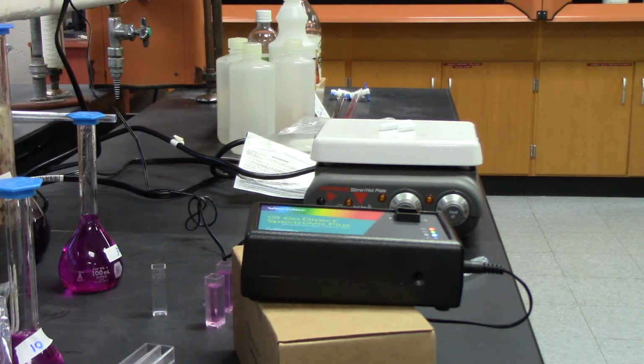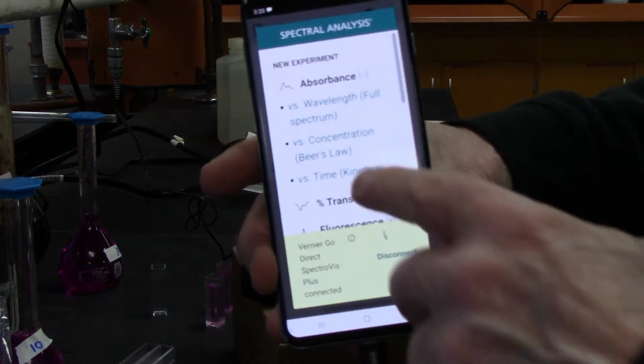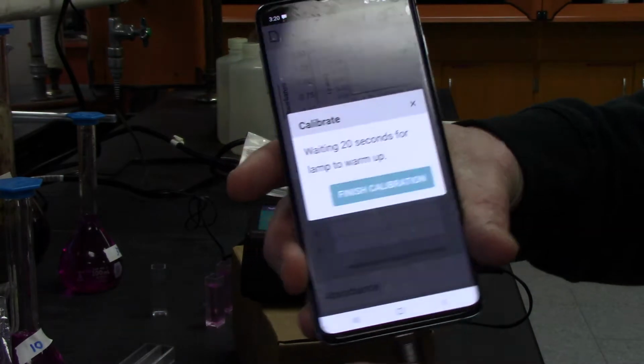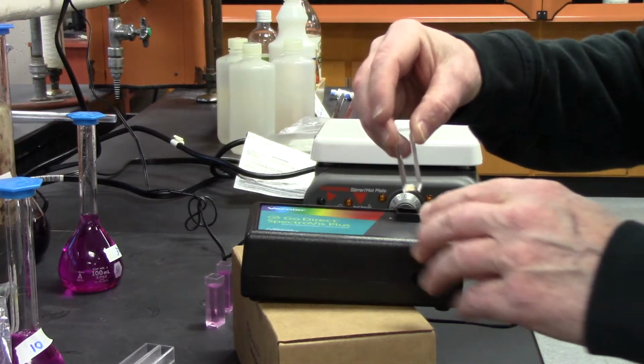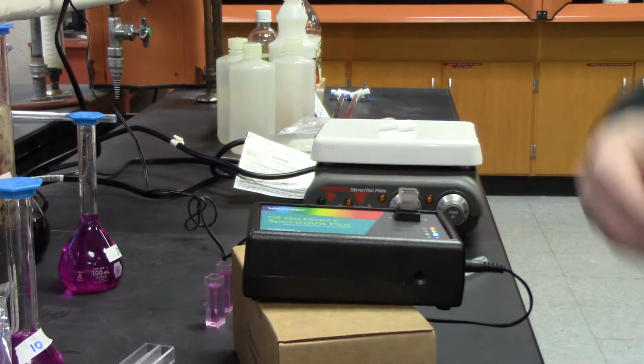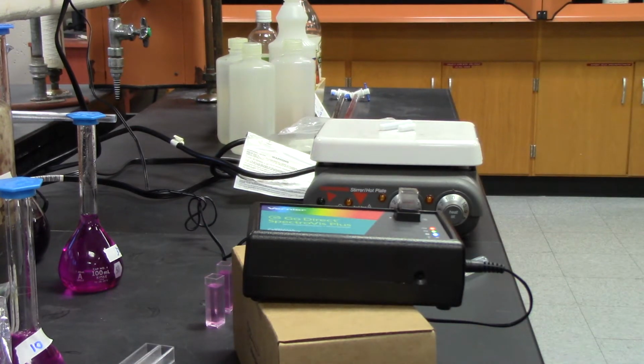Okay, so what I'm going to do is click on Beer's Law, and it's going to ask me to calibrate. It says calibrating, so I put the blank in.